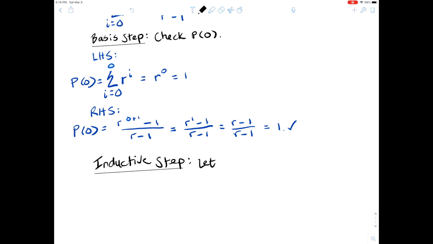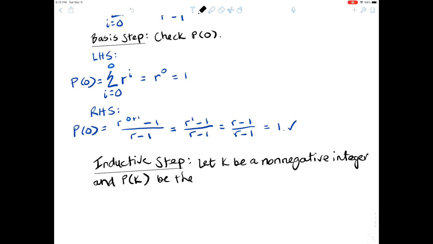We'll let k be a non-negative integer and P at k be the equation: the summation from i equals 0 to k of r to the i is equal to r to the k plus 1 minus 1 all over r minus 1.